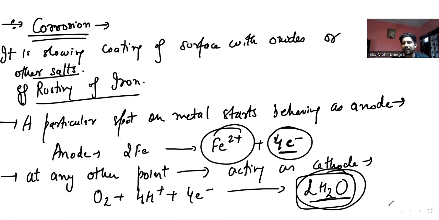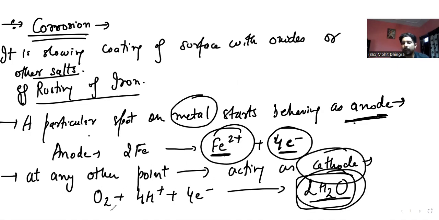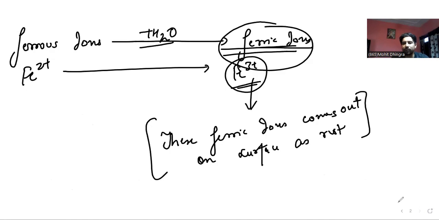A particular spot in that metal will start behaving as anode, where iron is getting oxidized into ferrous ions, and at any other point which acts as cathode, oxygen along with protons and electrons is forming water. Then these ferrous ions will oxidize into ferric ions, and these ferric ions will form the rust.